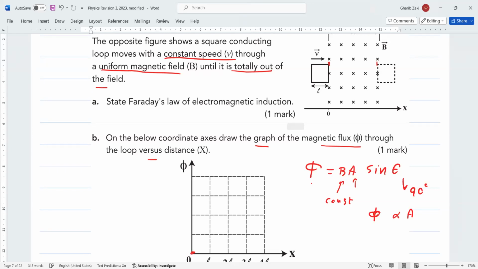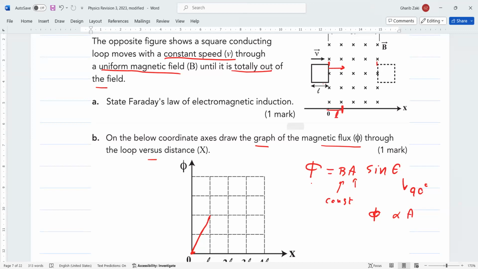When that square moves with constant velocity, phi increases at a constant rate, so it will be a straight line with positive slope, until it completely enters the field. So this is L, it increases until L. This is the first part.